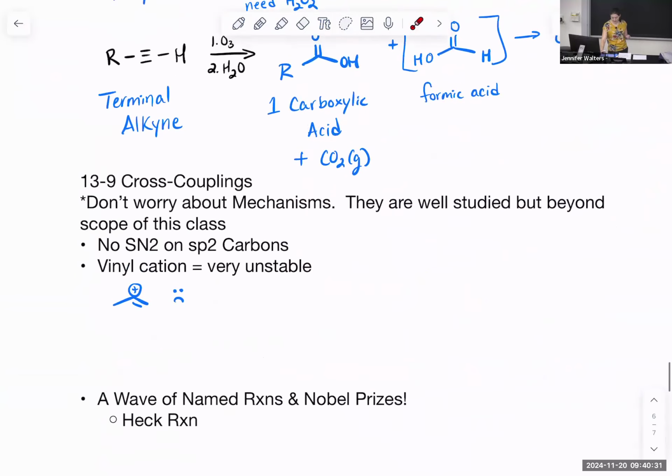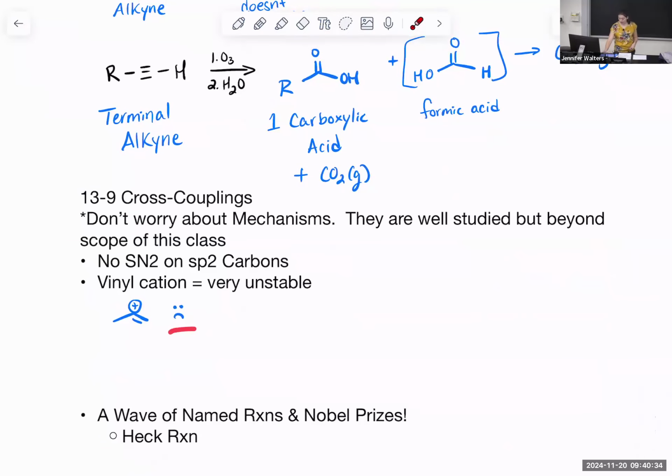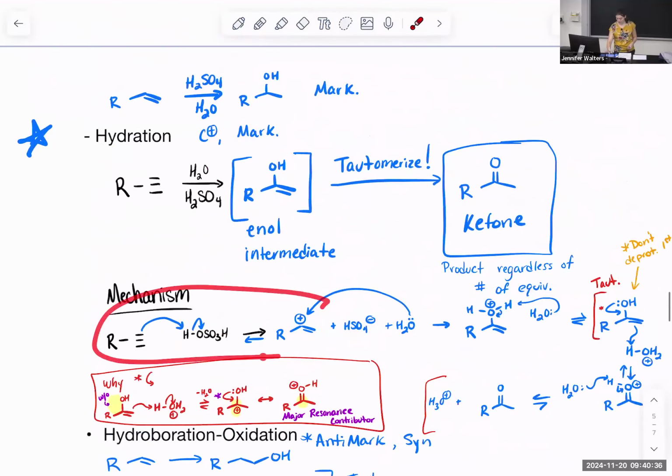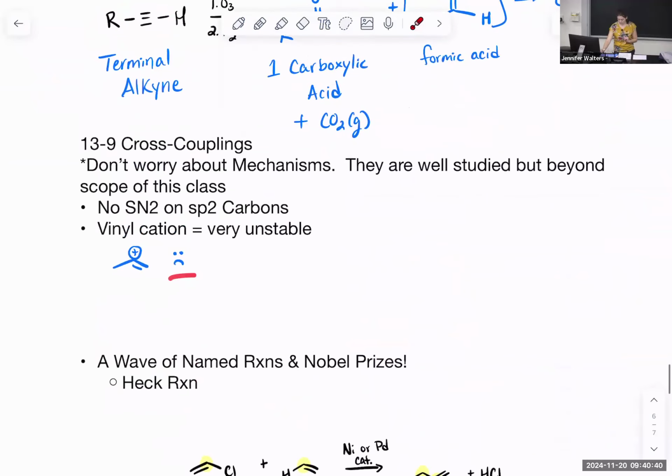That is so unstable. It is very unhappy. I'm okay if you draw it, again, because I want you to keep it simple, but any other time you see this, I want you to cringe. I want you to see that and be like, that doesn't feel right. The only time you can do it is with the alkyne, with the carbocation mechanism, with the strong acid. Every other time, don't do it.